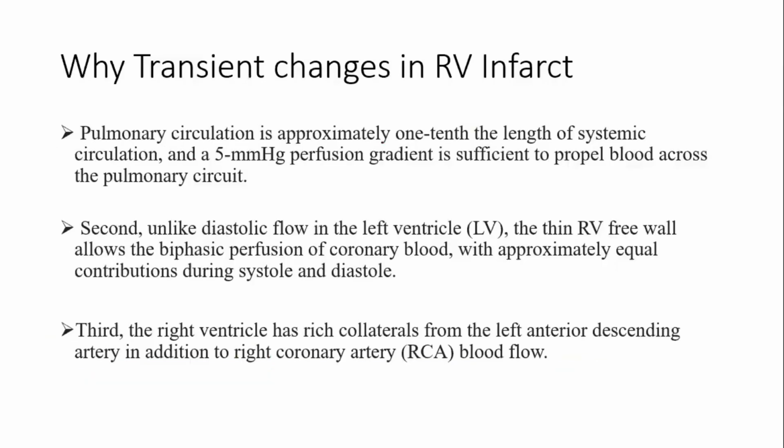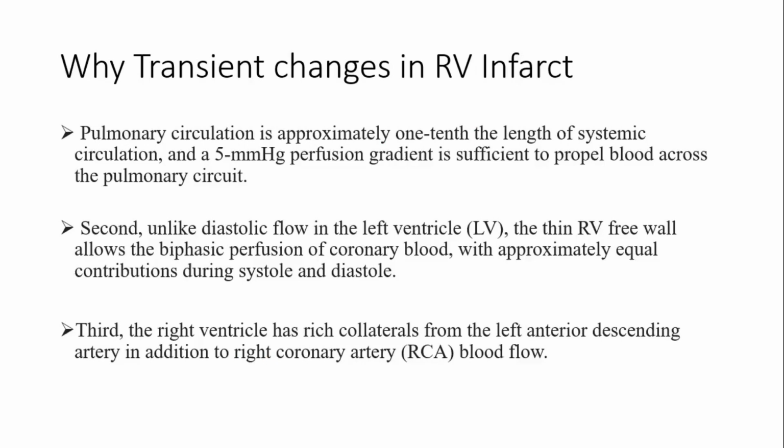So these are some plausible suggestions for why RV infarct changes are transient. As you can see, the pulmonary circulation is approximately 1/10 the length of the systemic circulation. The left system has a higher pressure, while the pulmonary circulation has a lower pressure, so the gradient is not that high. As you can see, there's a gradient for the blood to flow.